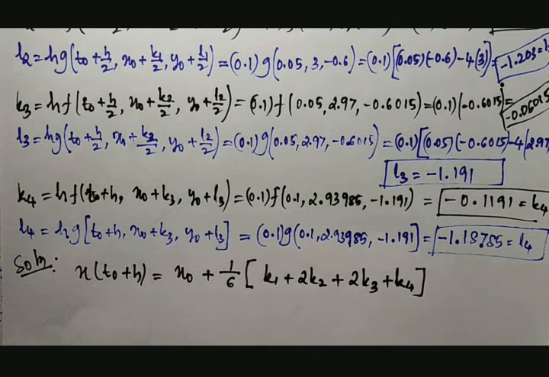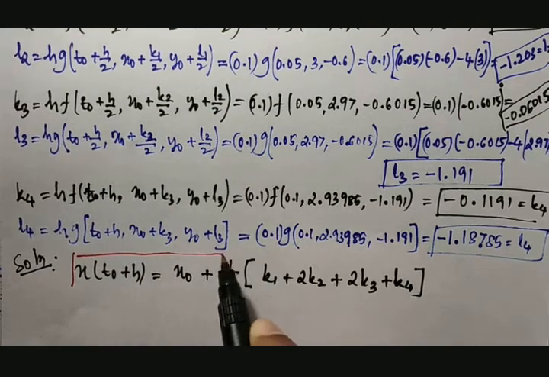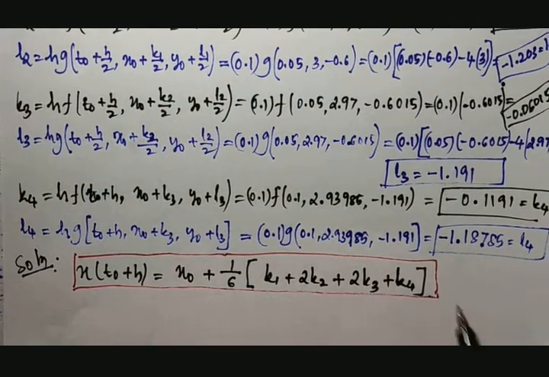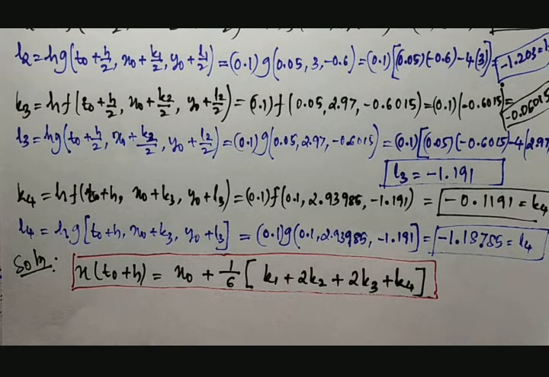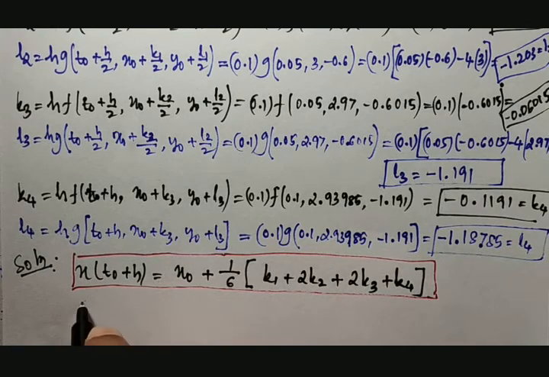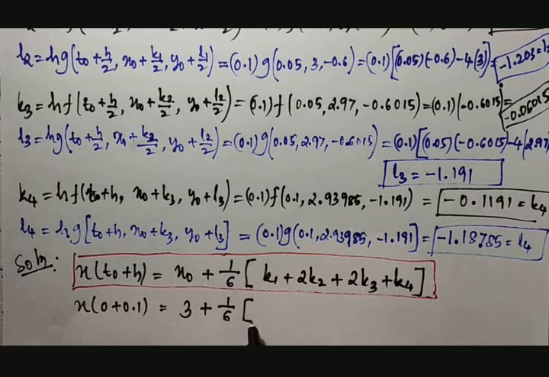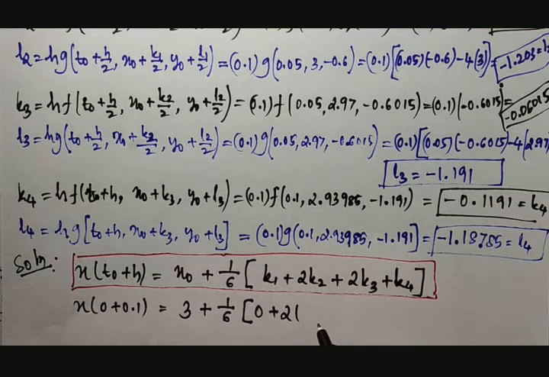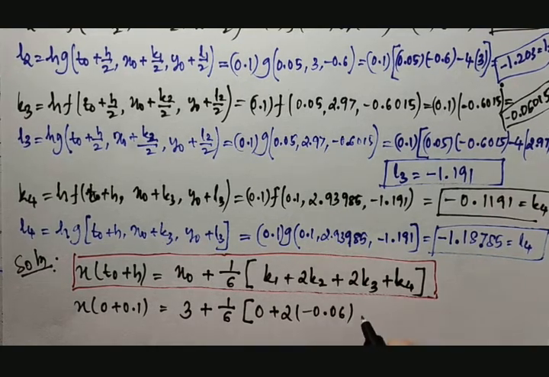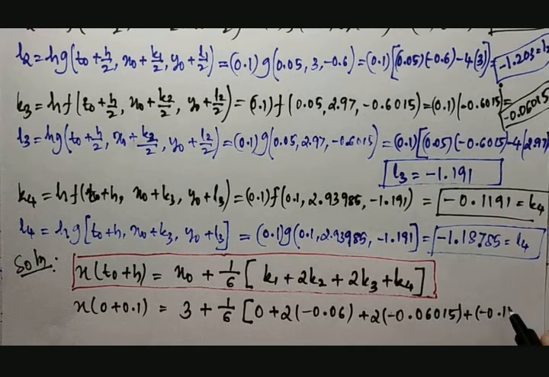Okay, so let us see what it is now. X of t naught is 0 plus 0.1 is equal to x naught is 3 plus 1 divided by 6 into k1, that is 0, plus 2 into k2, that is minus 0.06, plus 2 into k3, that is minus 0.06015, plus k4, that is minus 0.1191.